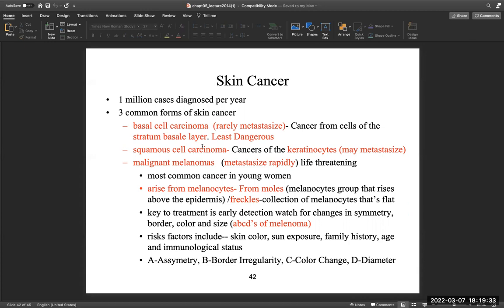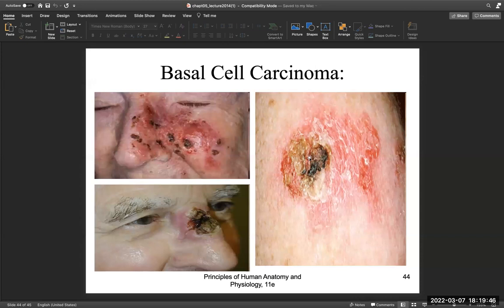Basal cell carcinomas rarely metastasize. These come from cancers of the stratum basale cells. Because they rarely metastasize, these are the least dangerous. These look like little, real big abrasions here. Obviously, for this person, it has taken a long time for the basal cell carcinoma to get to this stage. Hopefully, we get it earlier.